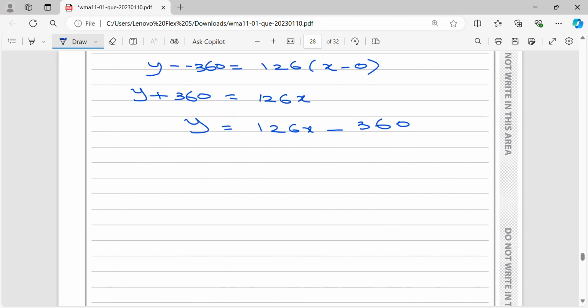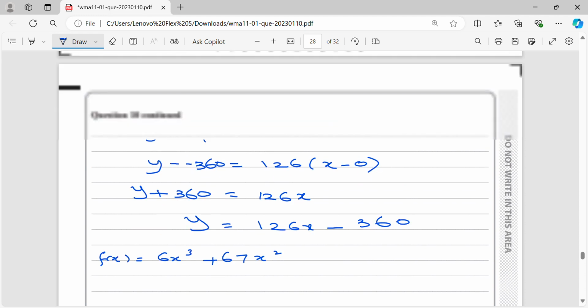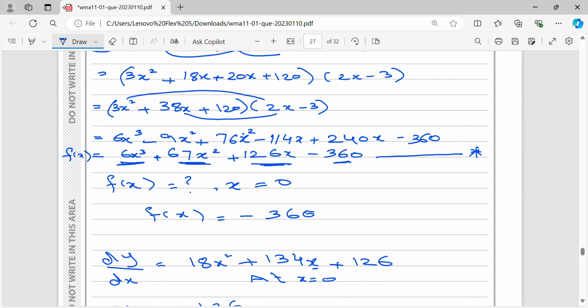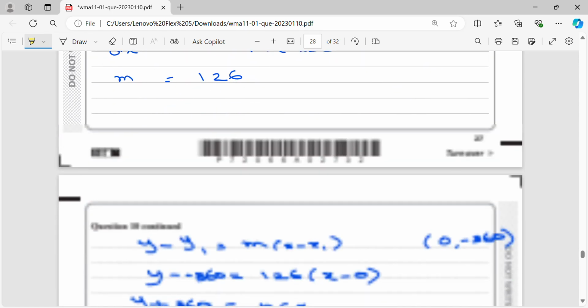Okay, so I know f of x is 6x cubed plus 67x squared plus 126x minus 360. I'm copying it down, along with the line, 126x minus 360.